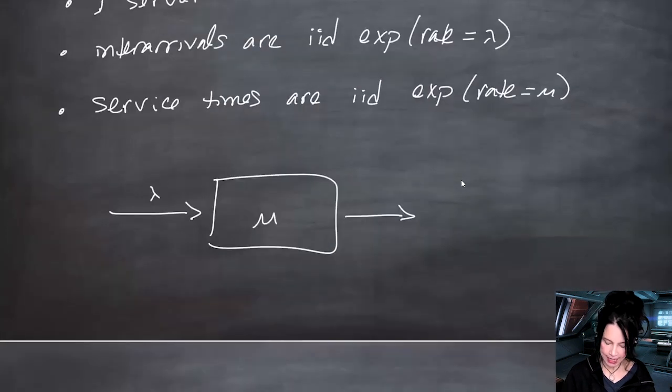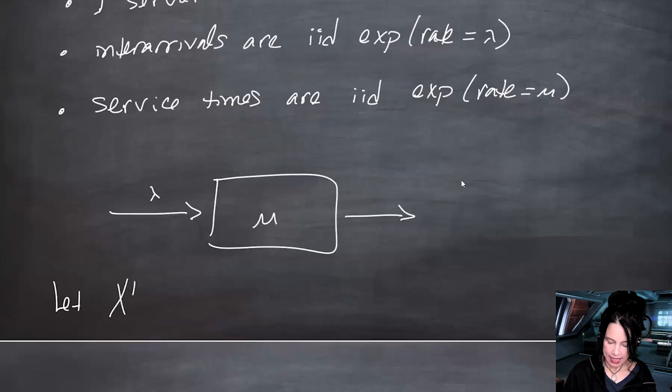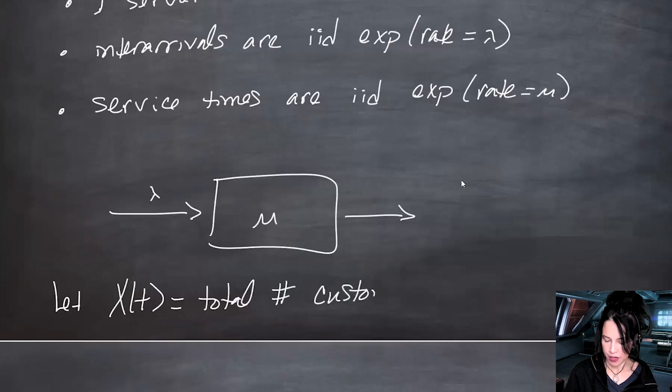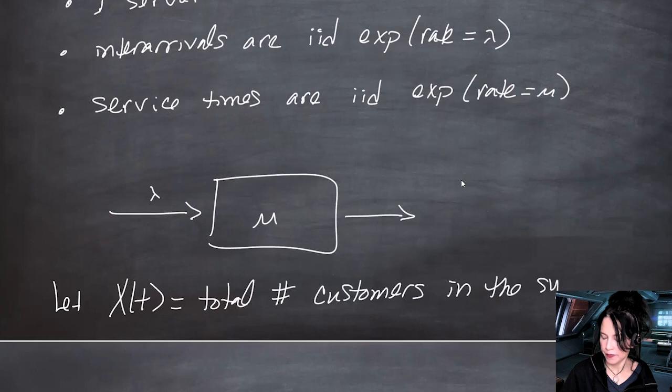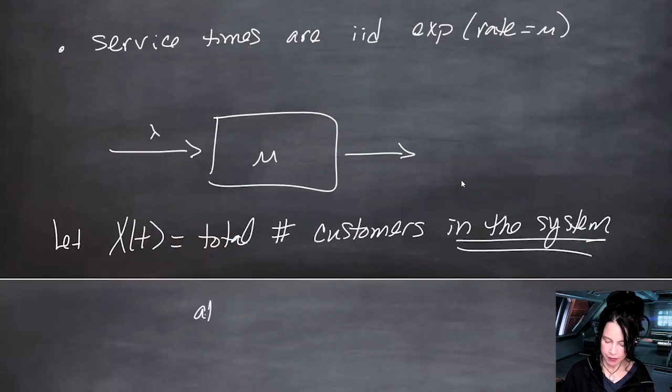If you let X_t be the total number of customers in the system at time t, what do I mean by that?